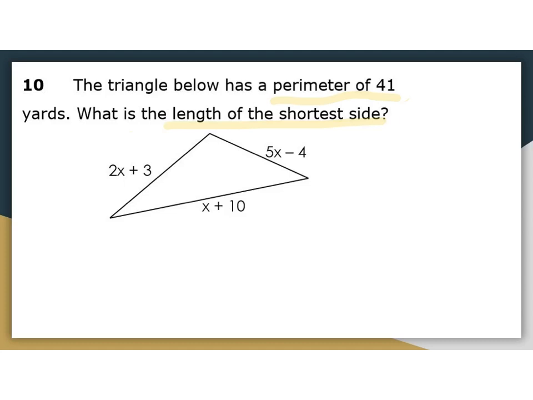So we have 2x, which can be combined with x, which can be combined with the 5x. 3 is a constant, which will be combined with 10, and the minus 4. 2x plus x. Remember, if you don't see a number in front of the variable, you can say there is a 1. So 2x plus 1x gives us 3x. And 3x plus 5x is 8x.